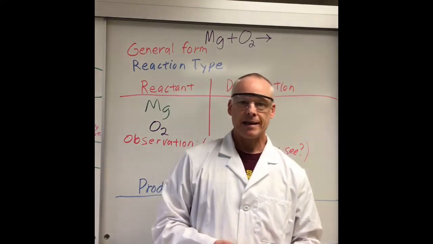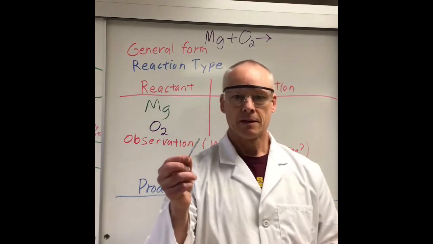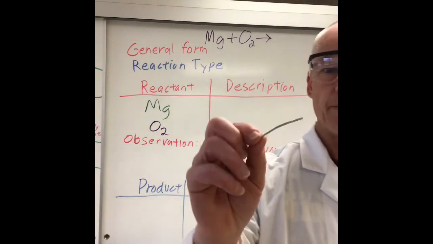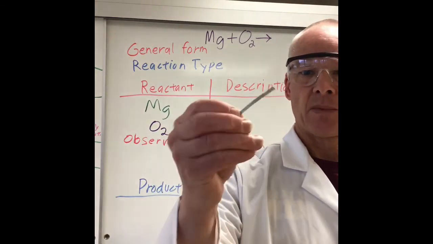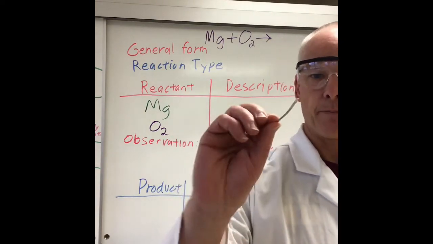So we have magnesium. This is a piece of magnesium, just a magnesium strip. Move it closer to the camera here. You can see that it is just a solid, and it is kind of a silver color.